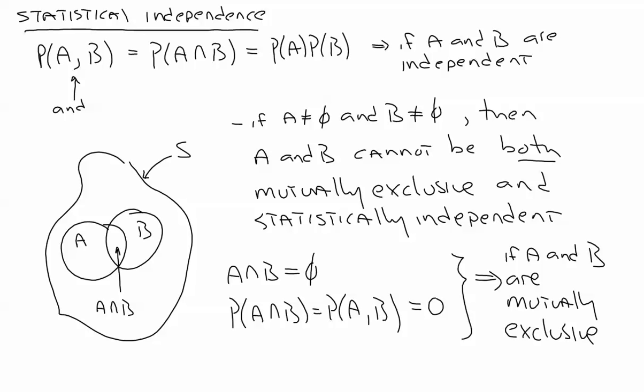All right, so events A and B cannot be both mutually exclusive and statistically independent, assuming that both A and B are not the empty set. More importantly is the result at the top of the page here: the probability of A and B occurring simultaneously is the product of individual probabilities.